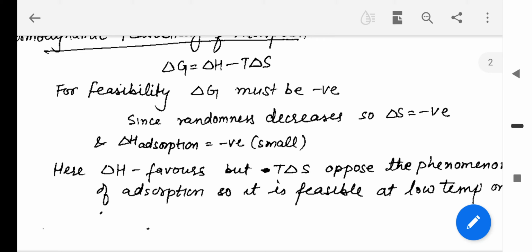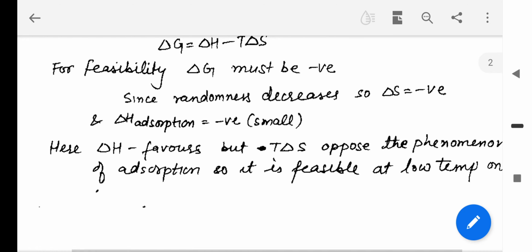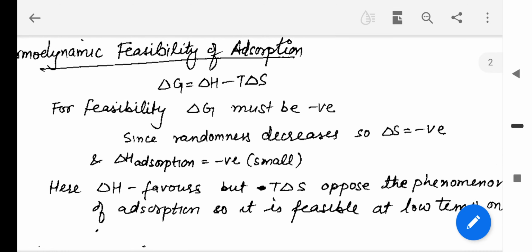Now, since the process is spontaneous, delta G must be negative, and delta G will be negative only when delta H is more negative as compared to the T delta S value.